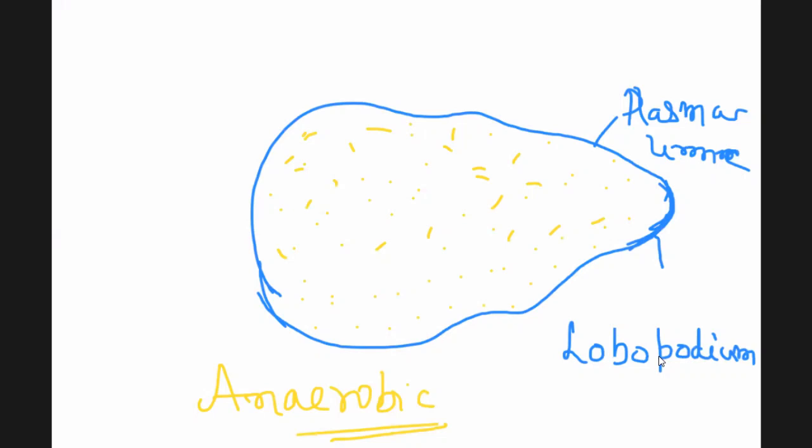Then there is a nucleus in the center which looks like a cartwheel. Have you ever seen a bullock cart wheel? Yes, ma'am. So much of the chromatin will be like this.